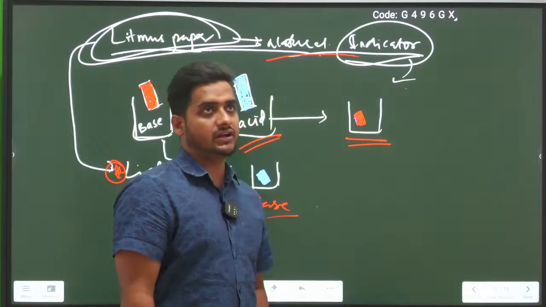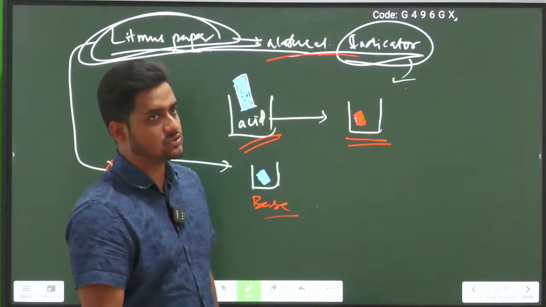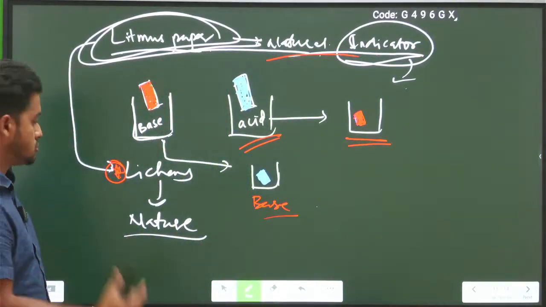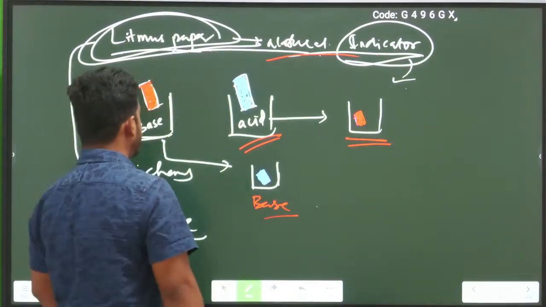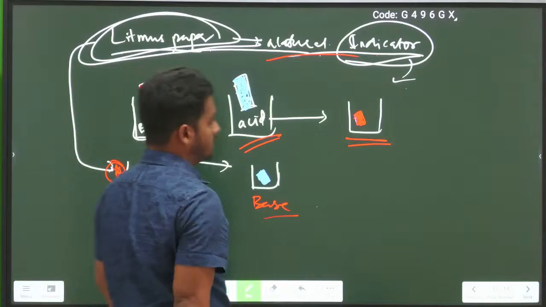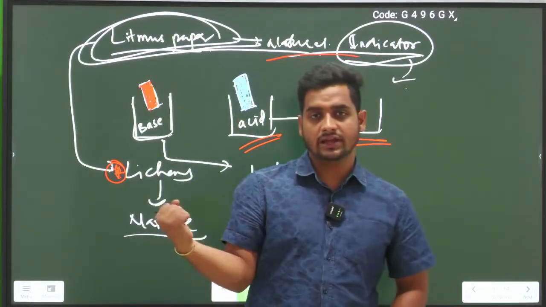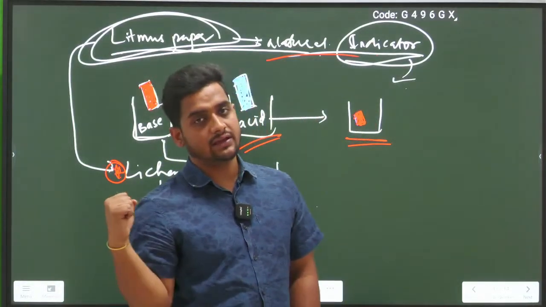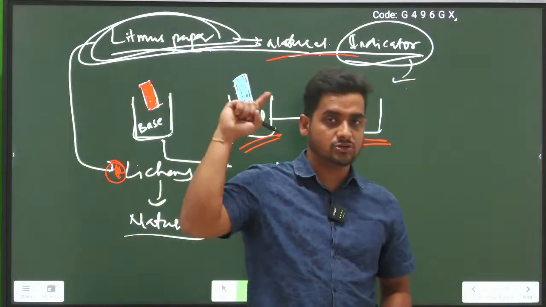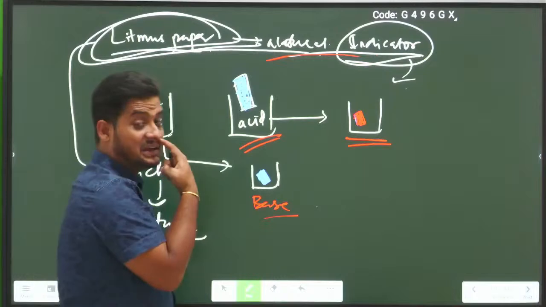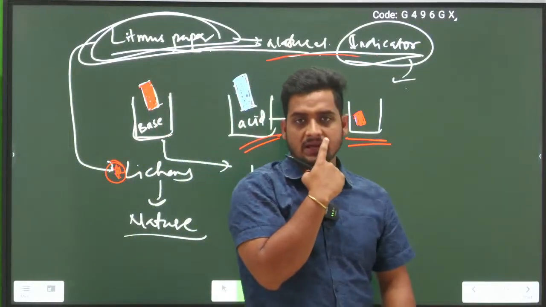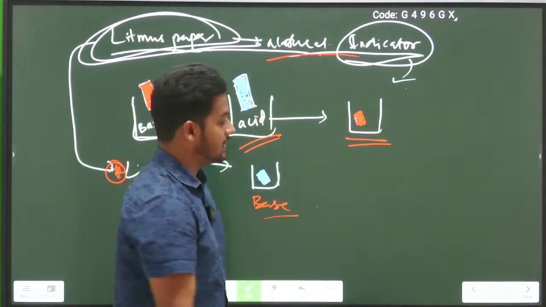Why natural indicators? Lichens are organisms which we get from nature, and the litmus paper we get is from lichens only. That litmus paper we use as an indicator, so you can say they are natural indicators.